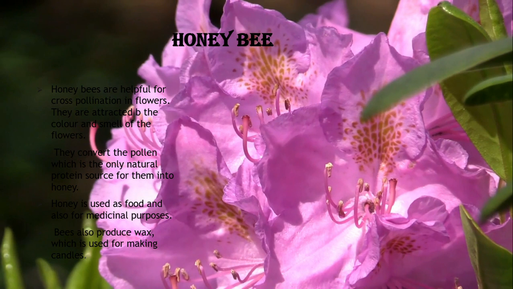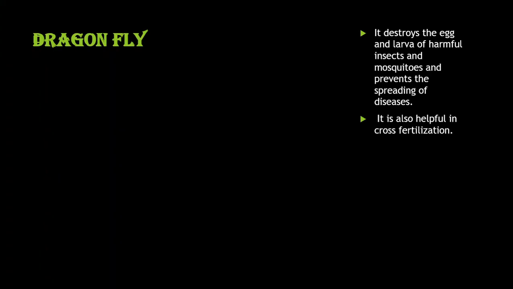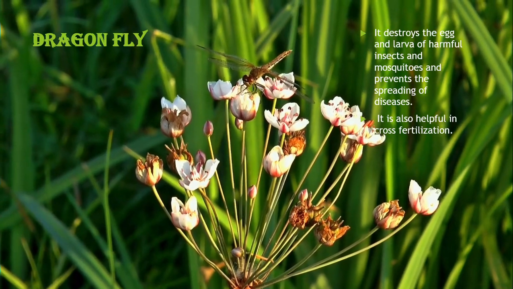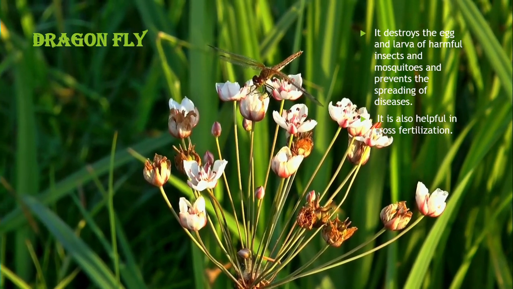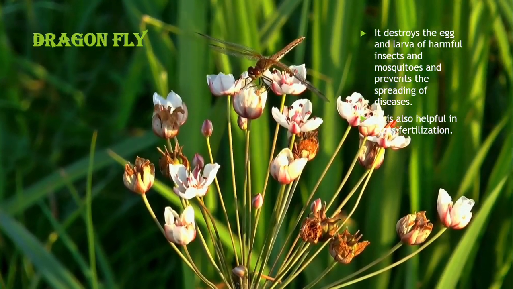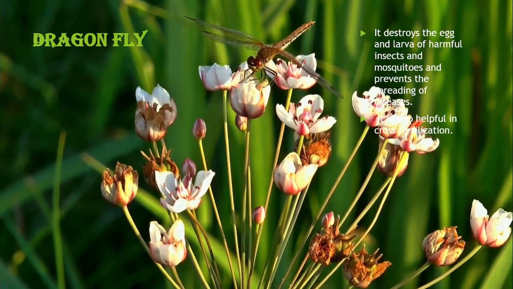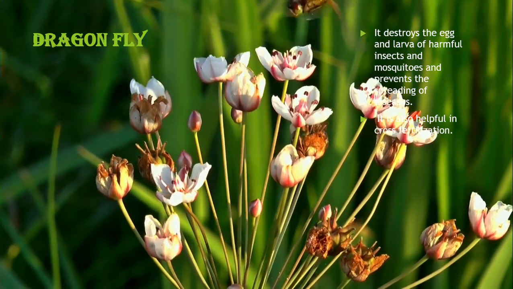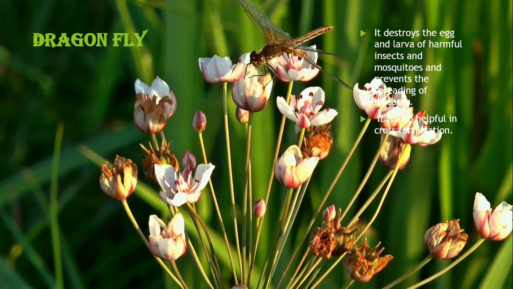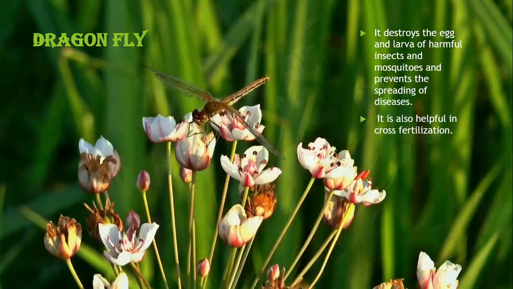Okay students, shall we see our final and important farmer's helper? Yes, we are going to see about the dragonfly. Dragonfly destroys the larvae, harmful insects and mosquitoes that spread disease. Children, you cannot see many dragonflies nowadays.